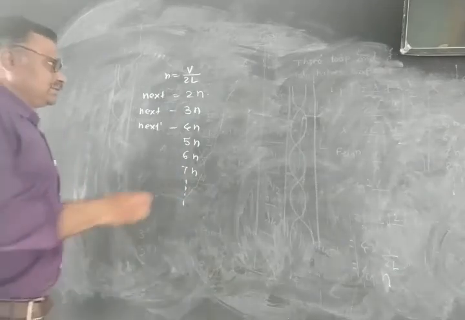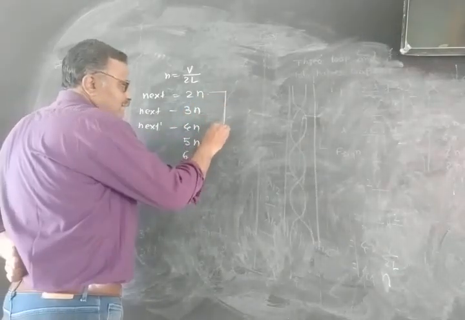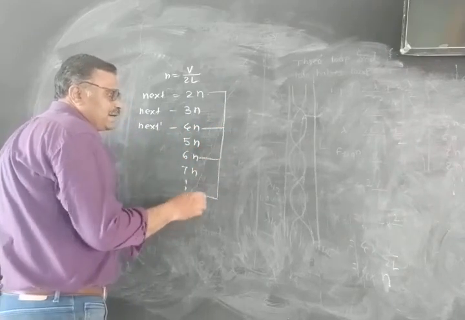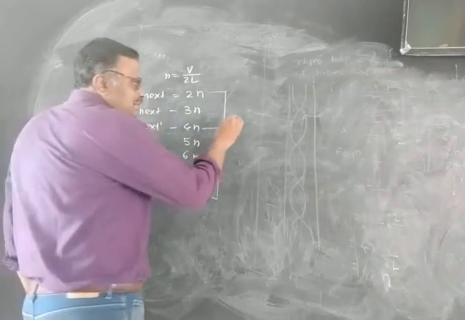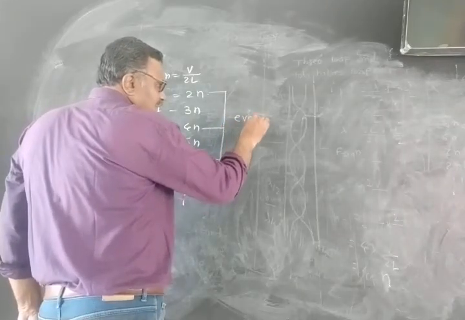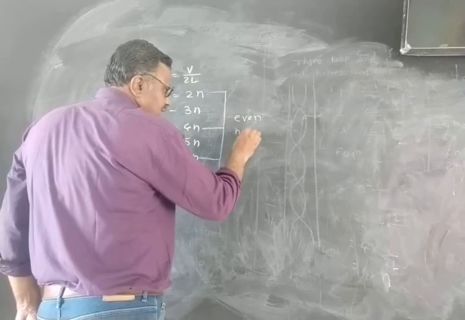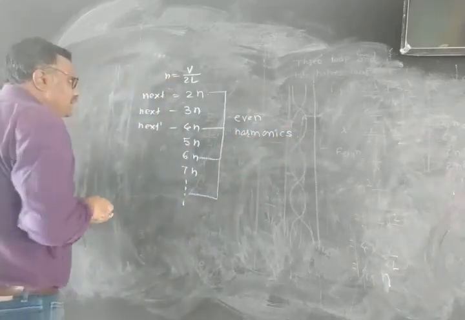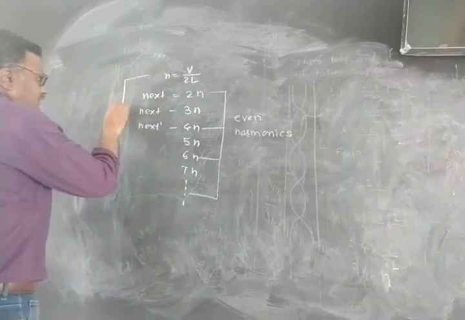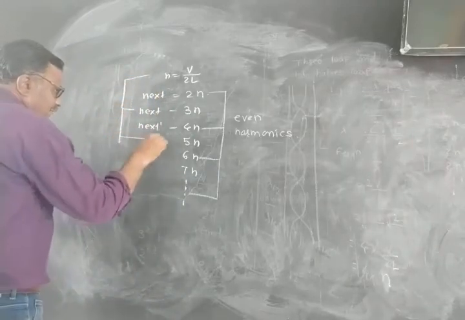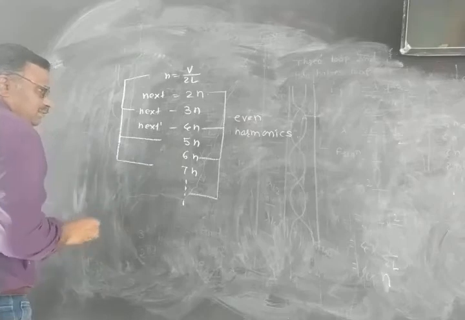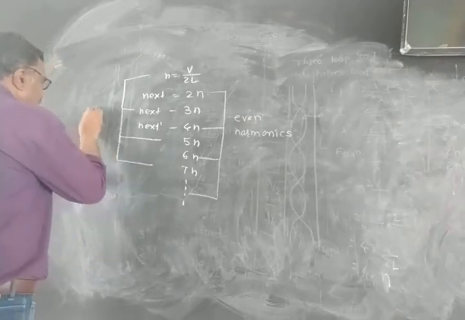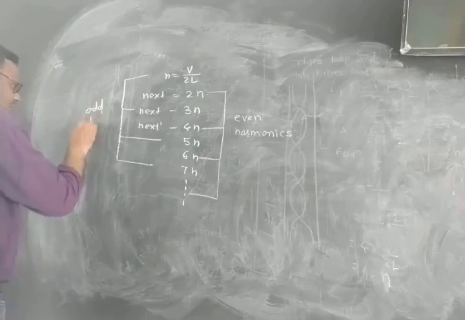Now here, 2 into N, 4 into N, 6 into N, 8 into N, and so on, are known as even harmonics. And 1 into N, 3 into N, 5 into N, 7 into N, 9 into N, and so on, are known as odd harmonics.